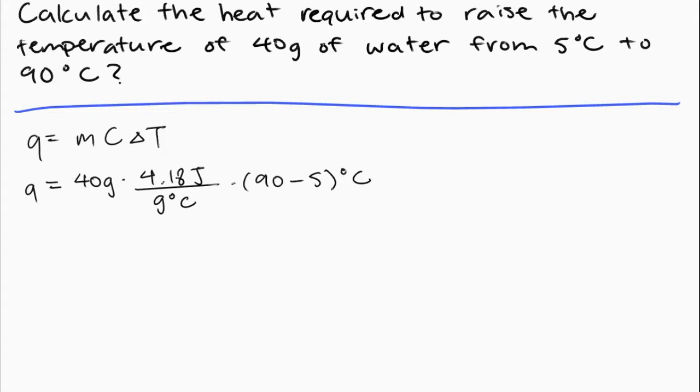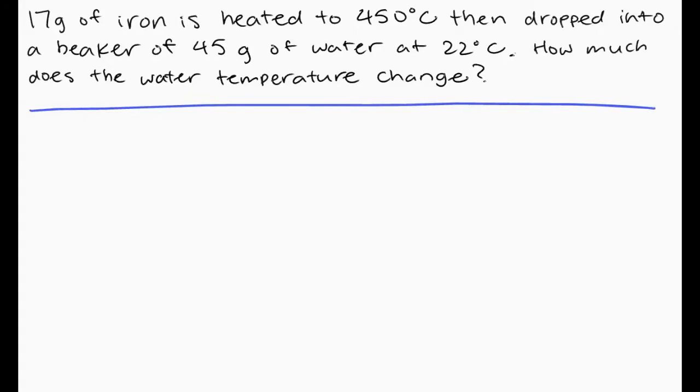So we notice that the grams cancel out, and also the degrees Celsius cancel out too. So we're left with 40 times 4.18 joules times 85. And this gives you 14,212 joules.